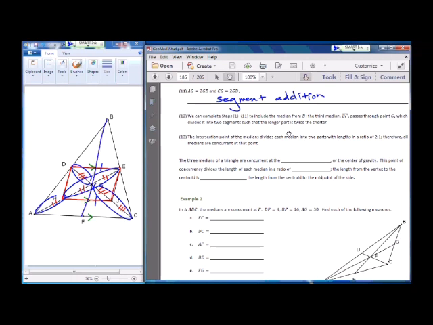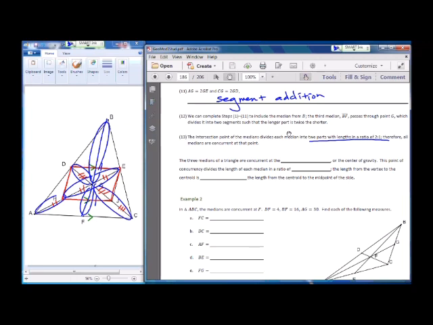So the same thing is true. We've just proved that this is twice as long as this, as we showed already for the other two medians in steps 1 through 11. Step 13 says the intersection point of the medians divides each median into two parts with lengths in a ratio of 2 to 1. Therefore, because they're all in the ratio of 2 to 1, they will all be concurrent at that point.